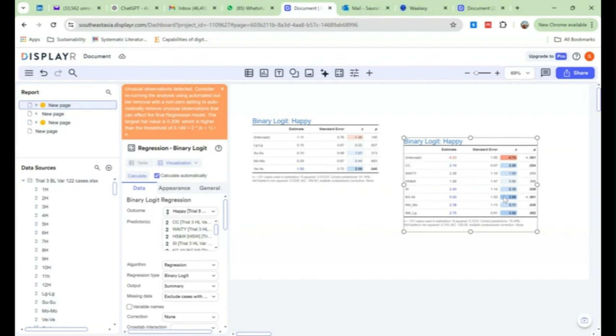Now the thing is, it looks very good right now, but there are some underlying flaws inside it. For example, the data is not enough. We have only 122 data points, which is very low. We need, I don't know, 500 or 1000 data points to get a very reliable study done.